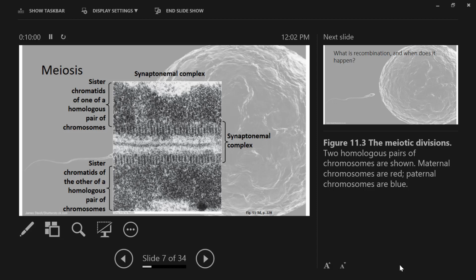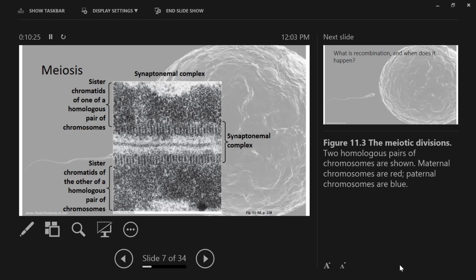Your paternal chromosome is 2 copies attached together after S phase, and your maternal version is 2 copies attached together after S phase. And now the maternal chromosome and the paternal chromosome are physically attached together. You're like, wow, this is weird.